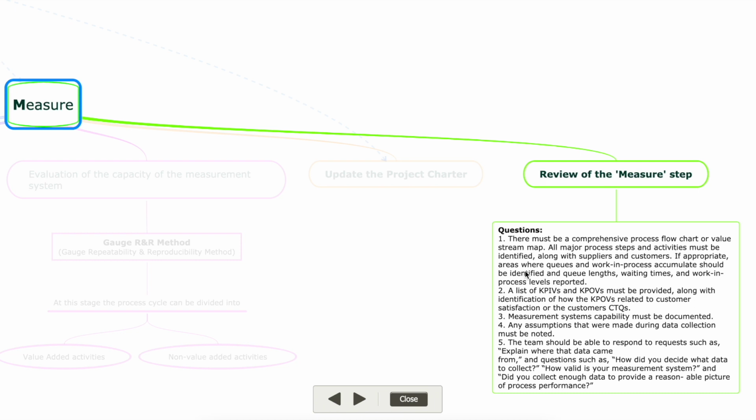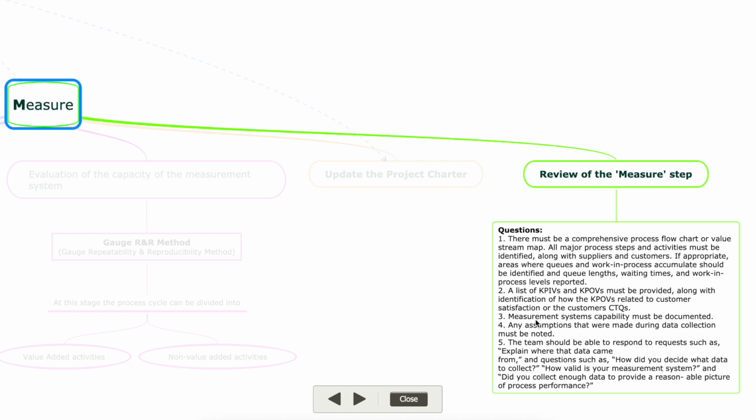If appropriate, areas where queues and work in process accumulate should be identified, and queue lengths, waiting times and work in process levels must be reported there. A list of KPIs and KPOs must be provided along with the identification of how KPOs relate to customer satisfaction or customers' critical to quality characteristics.